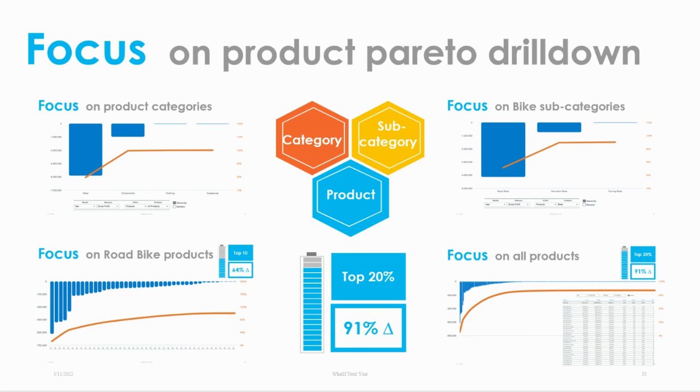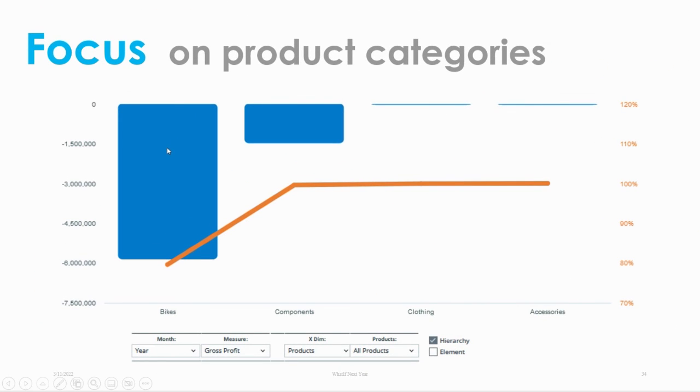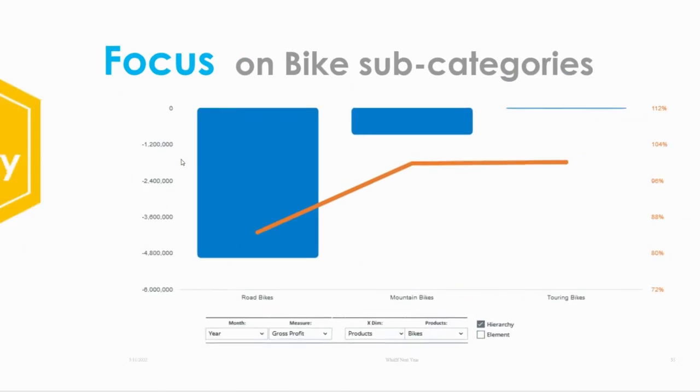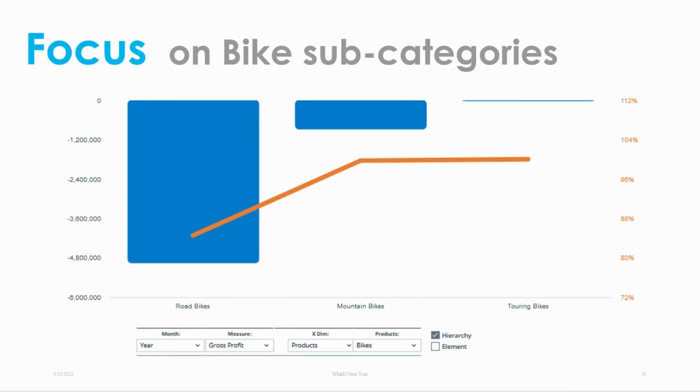Ditto for products. We'll use a Pareto drill down to see which ones have the highest impact. We're using the product hierarchy that has category at the top, then subcategories and product, and we'll investigate it top down. So within the product categories, bikes account for 80% of the decline, and within bikes, road bikes account for 80% of the decline.